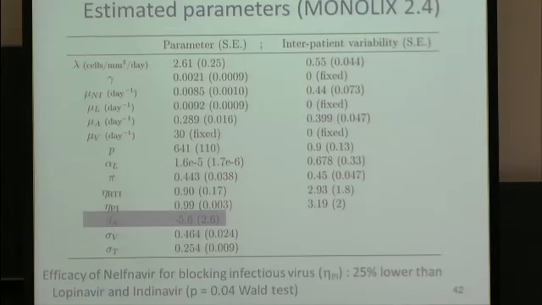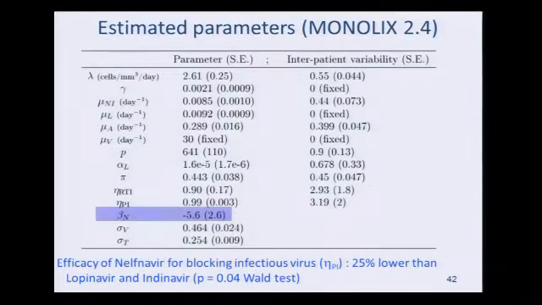We had to fix some of the parameters to literature data. We had to assume that some parameters have no random effects, but then we were able to estimate most parameters with quite good precision. And we found that the activity of RTI is 90%, PI is 99%, which is quite good, but nelfinavir was significantly less active than the other drugs.